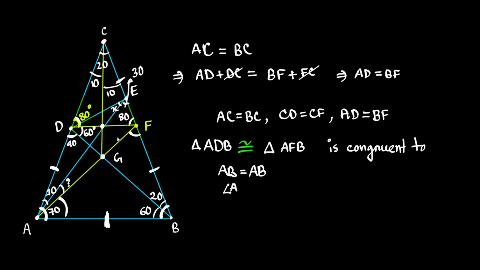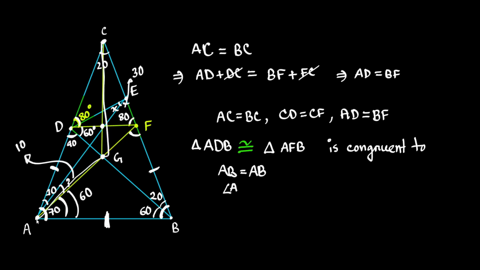I was saying that DF is getting bisected by CG, but that was not proved there. I was just saying it because I thought it would work out like that. It was never said that this is a perpendicular, so I couldn't have said it yet, until I proved this is 10, this is 60, and a lot of other things.